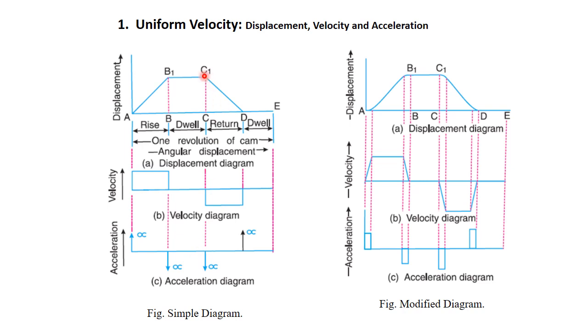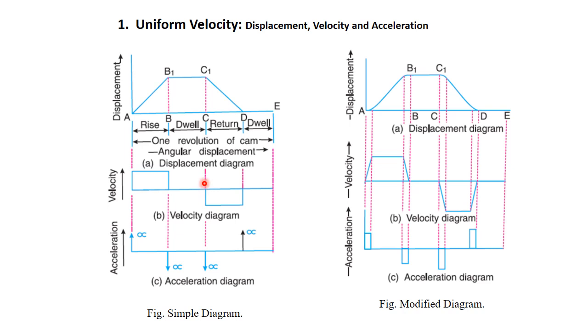Now moving to the position from C1 to D, the follower is displaced with uniform velocity. So this negative velocity is again uniform. This negative velocity tends the follower to come to its original position, that is the return stroke.